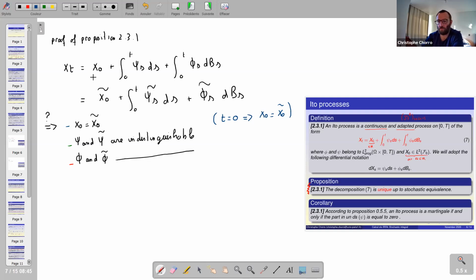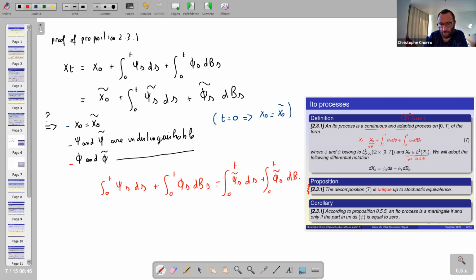So from this relation, I can say that the integral between 0 and t of psi of s ds plus the integral between 0 and t of phi of s dBs is equal to the analogous with tilde.